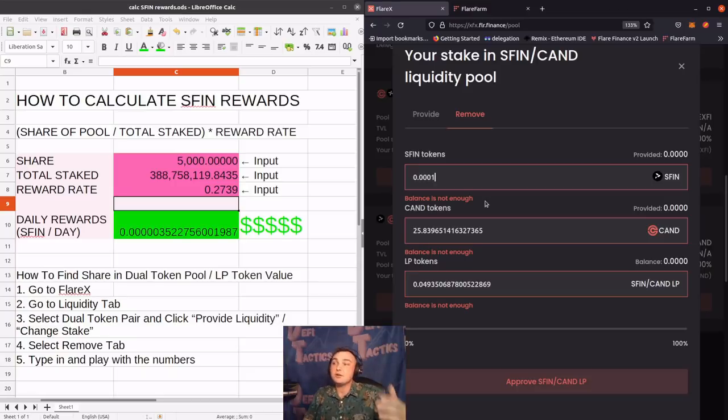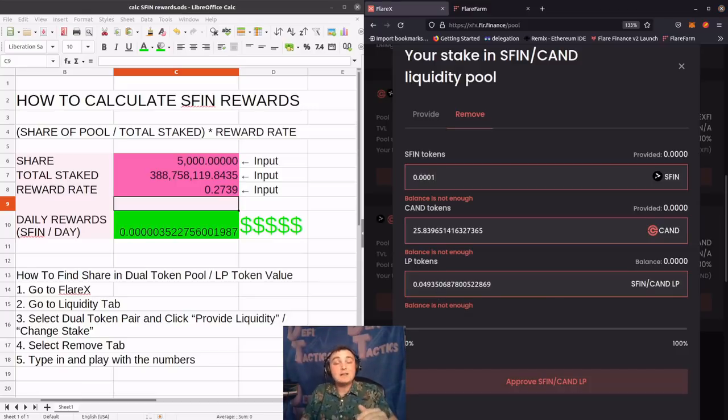So by putting in 0.0001 SFIN and 25.839 Canary Dollar, we will receive 0.04935 liquidity pool tokens, or SFIN Canary Dollar liquidity pool tokens. We can then take these liquidity pool tokens and stake them in the FlareFarm to earn even more SFIN.